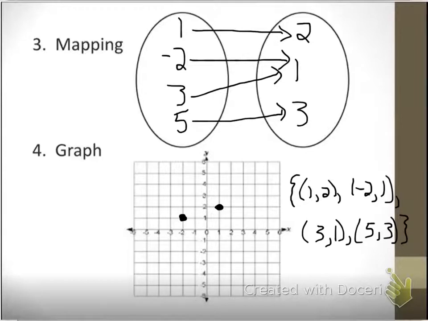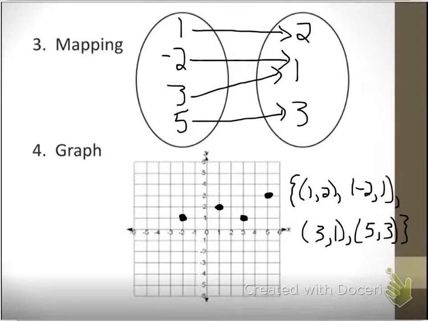Can someone raise your hand and tell me the 2 directions and how many units for the next one? 3, 1. Right 3. And then up 1. Very good. And the last one, just as a class, which 2 directions am I going and how many units? Right 5, up 3.